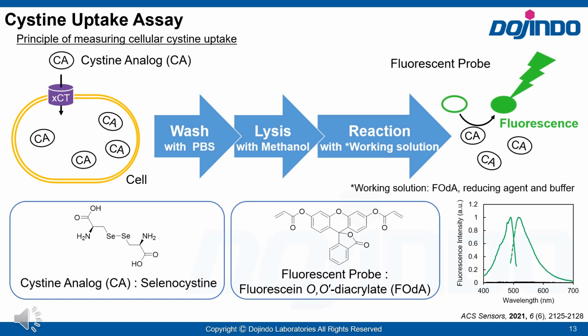We have developed a new and convenient fluorescent method for measuring xCT activity using a cystine analog. Cystine is known to be transported into cells through xCT, and it can be specifically detected by using a fluorescent probe. This method, which is based on a microplate assay, can be used to measure xCT activity in multiple cells as well as for the screening of potential anti-cancer drugs.